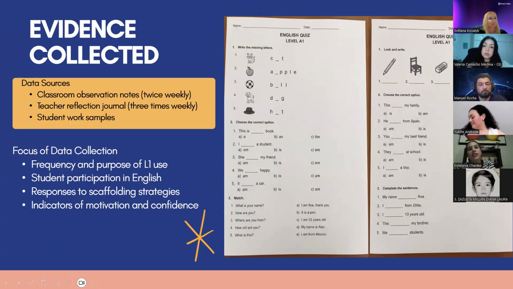Here in the picture you can see only a quiz, but the data collection focused on frequency and purpose of L1 use, student participation in English, responses to scaffolding strategies, and indications of motivation and confidence. And that's it.